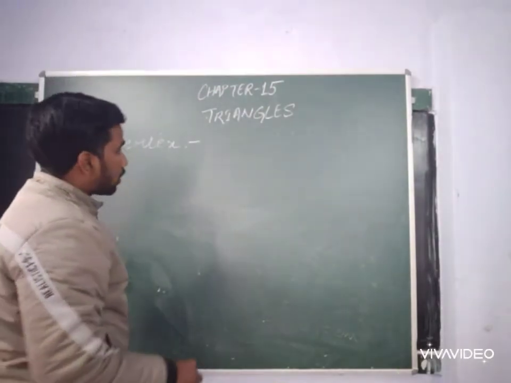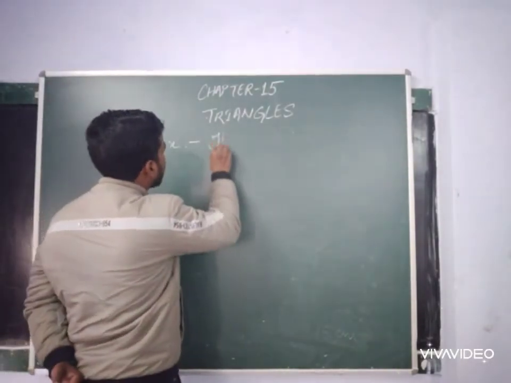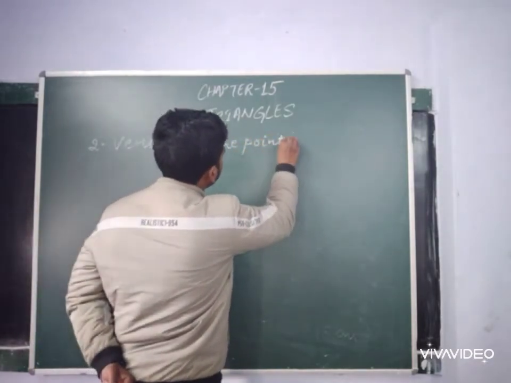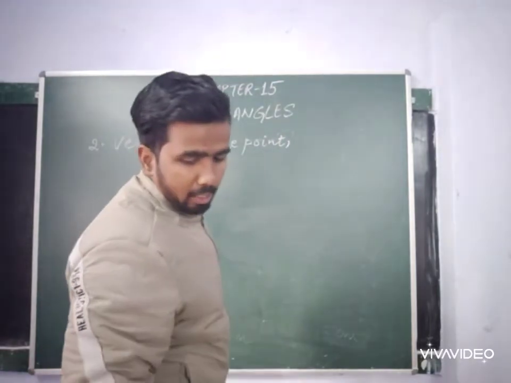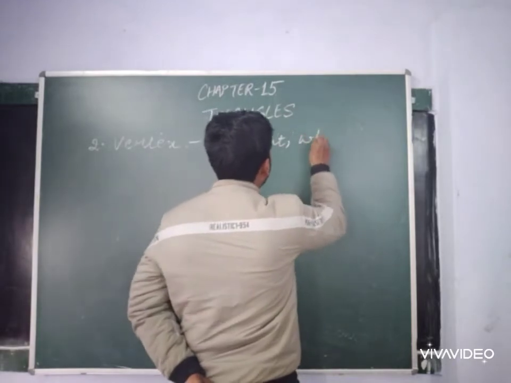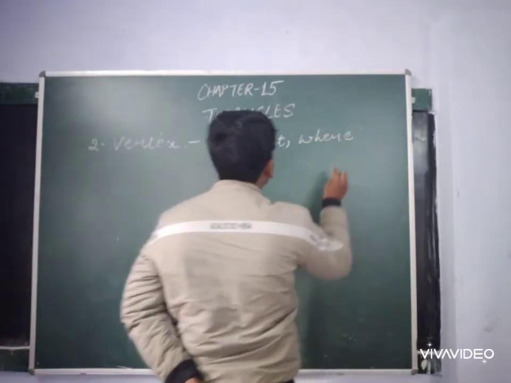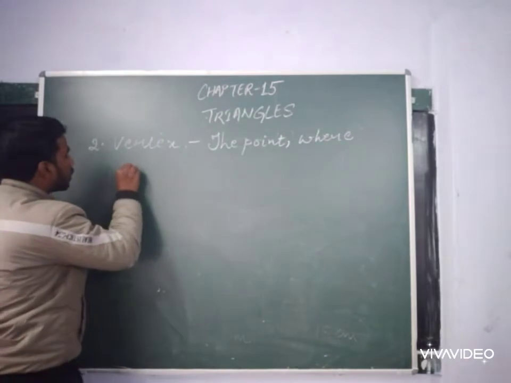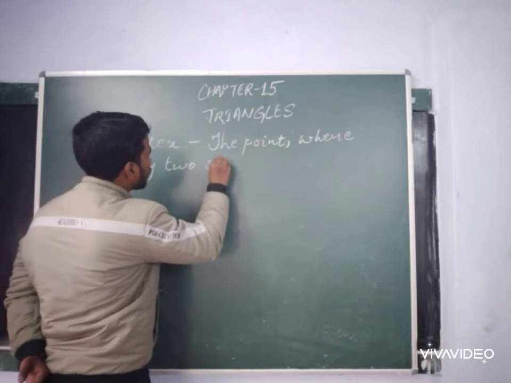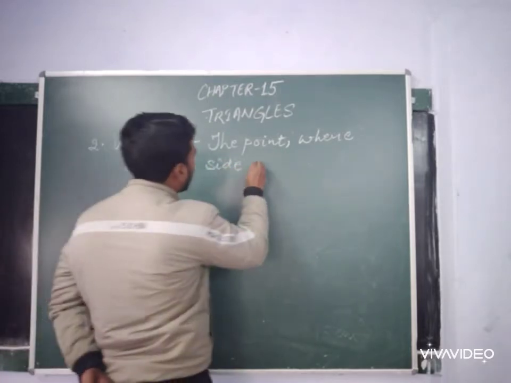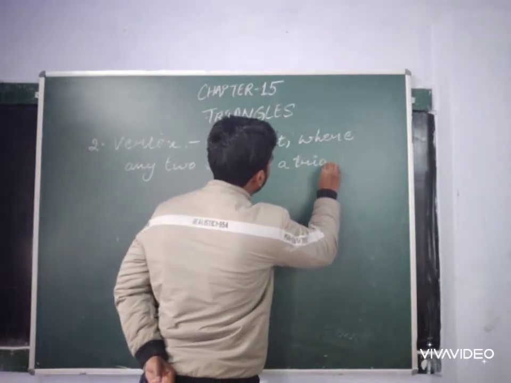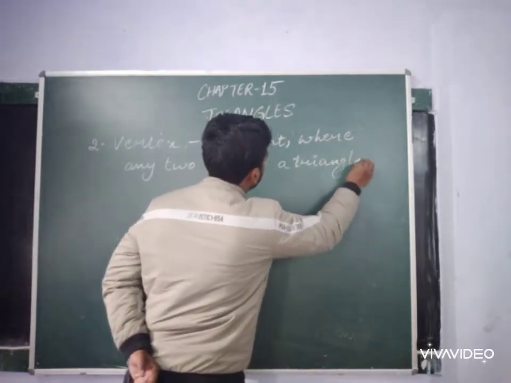A vertex is the point where any two sides of a triangle meet.